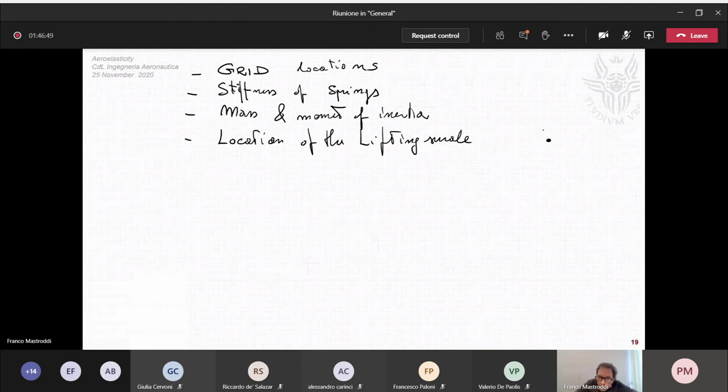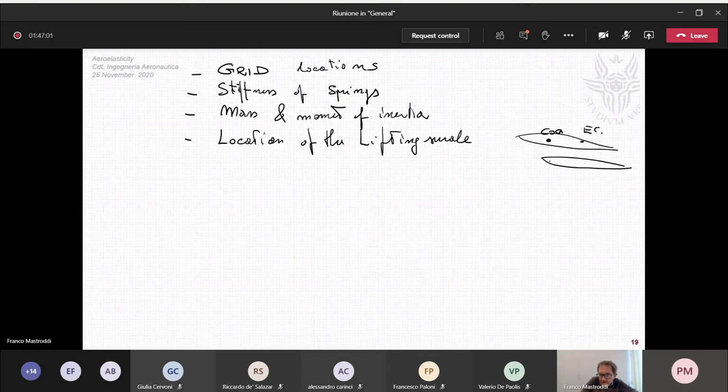We have a COG and an elastic center, but we may have an airfoil like this or an airfoil like this, having the same COG and EC location.